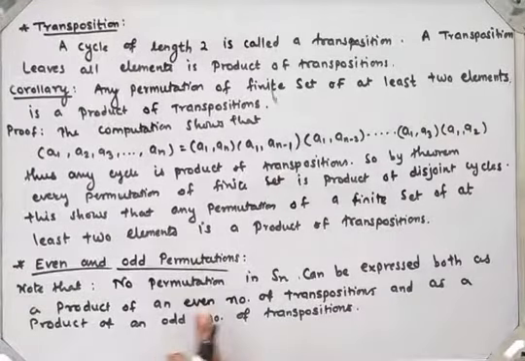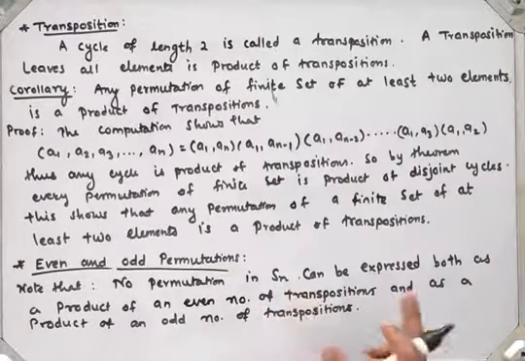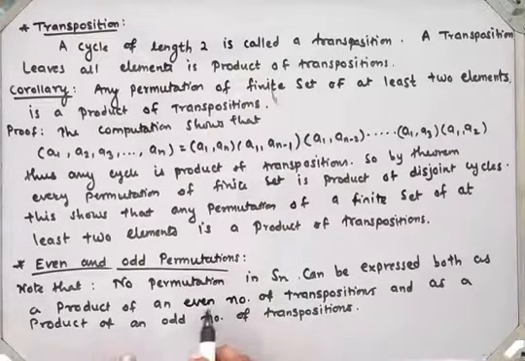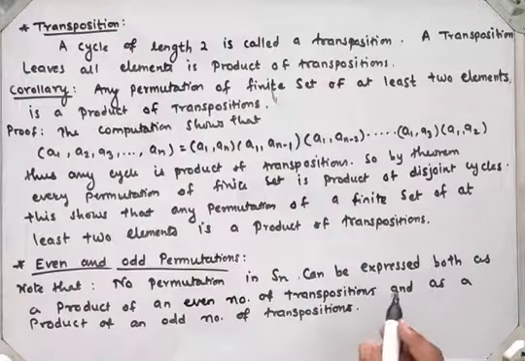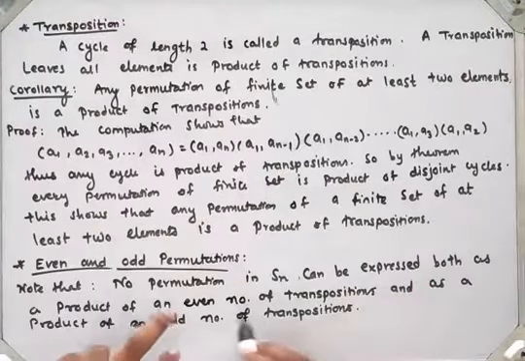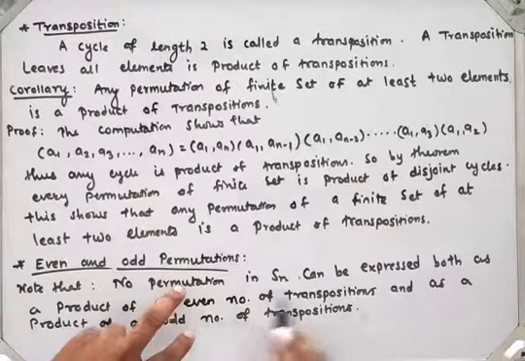Means suppose you have a permutation in Sn, this cannot be expressed in both ways. A permutation is either even or odd, but not even and odd simultaneously.